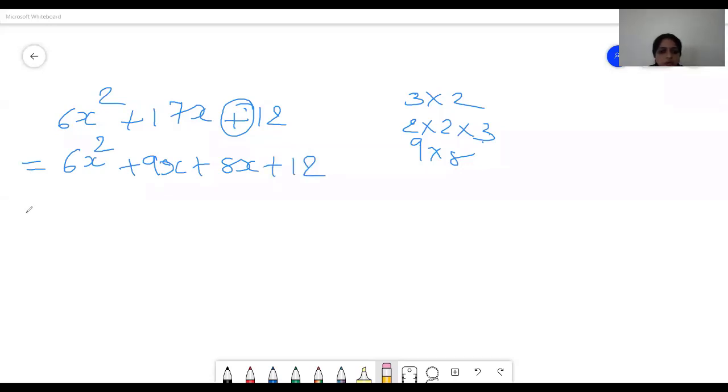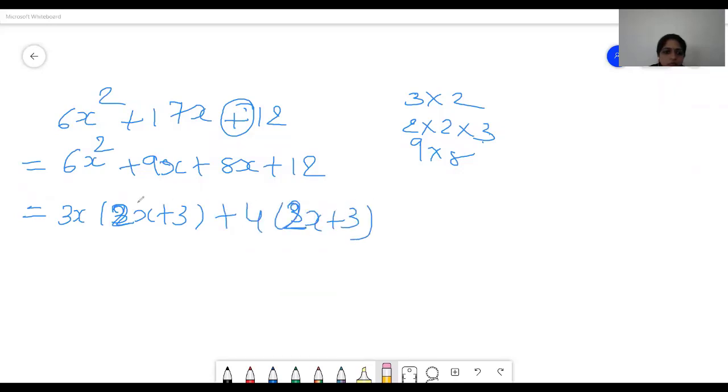Yes, Raj, you are right, but I want the second step. By getting 3x common, here we have 2x plus 3. By getting 4 common, here we have again 2x plus 3. Both brackets are the same. So 2x plus 3 common, and the remaining term is 3x plus 4.